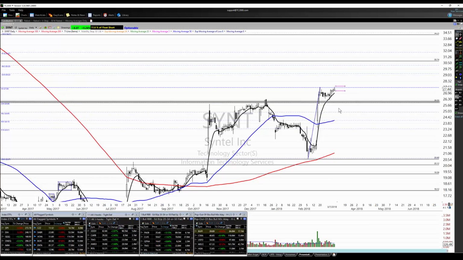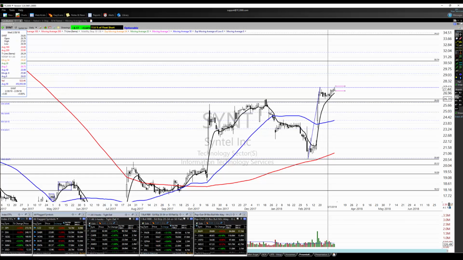Now, why can I put my stop up here as opposed to down here? This is the proven support level down in here someplace. Because I'm not going to buy on the breakout. I'm going to buy on a retest that proves this is support, so I can put my stop up here tighter below it.